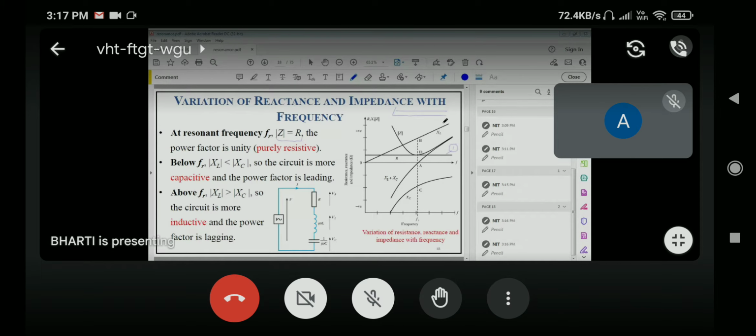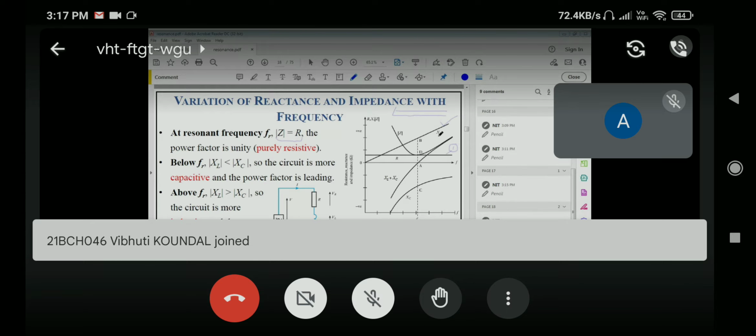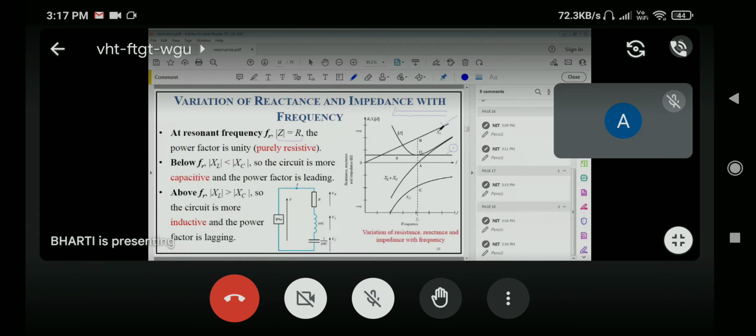So this is your XL, which is a straight line. This is also clear to everybody. Now comes the third parameter, that is XC, which is in the fourth quadrant. So that is your XC.